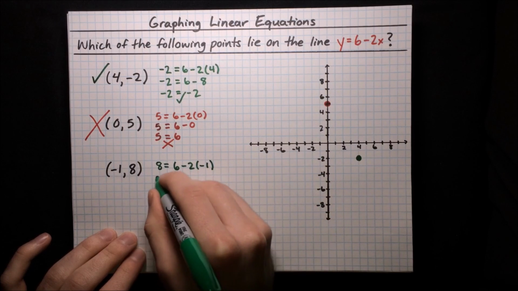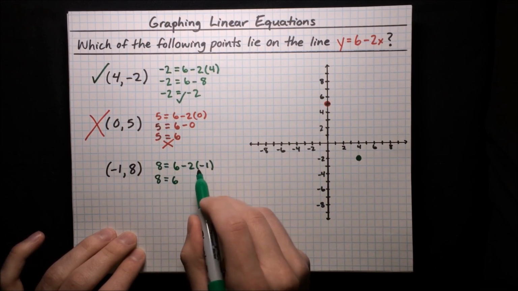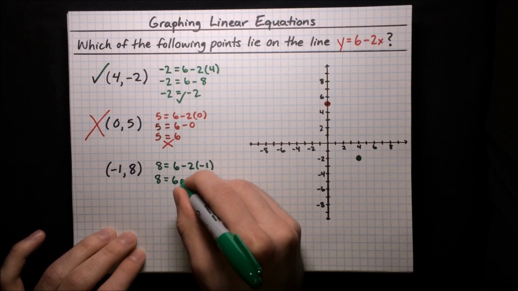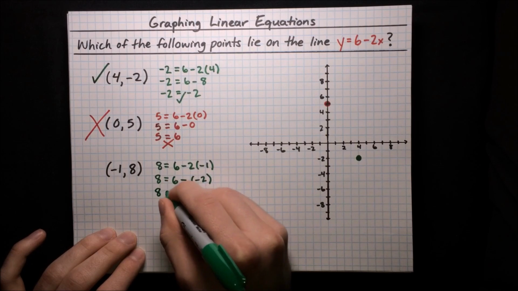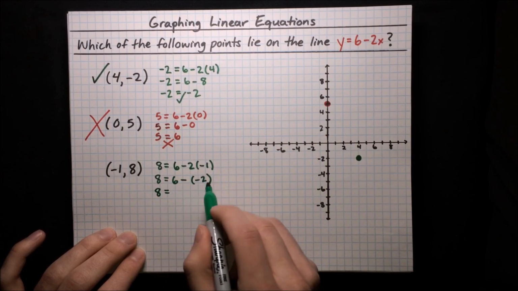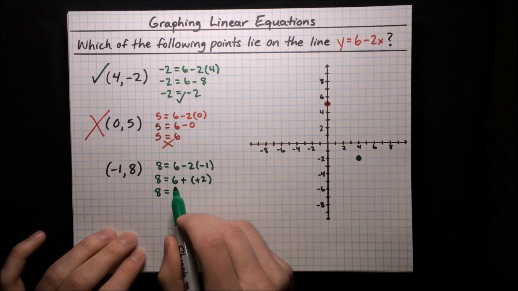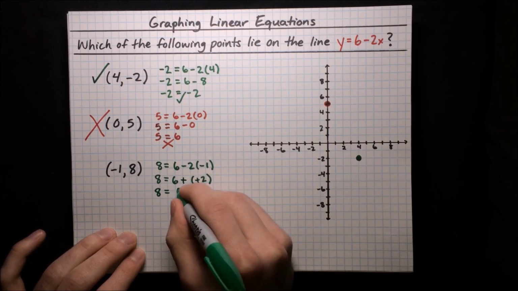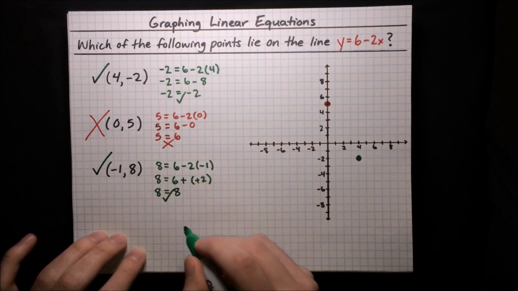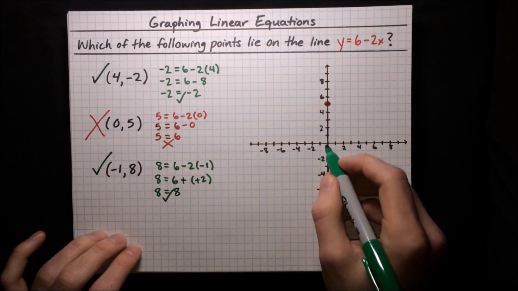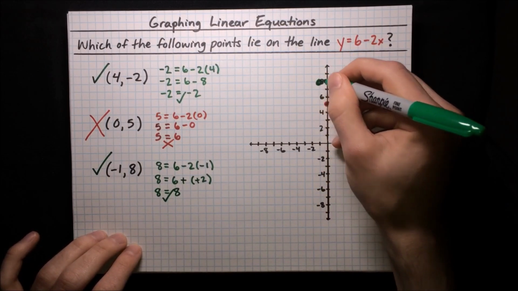So that turns into 8 equals 6, and then 2 times -1 is just -2, so this is like 6 minus -2, so that becomes 8 equals, well, 6 minus -2, it's double negative, so those cancel into positive. So 6 plus 2, 8 equals 8. Yeah, that's a true statement. So yes, this point is on our line. And let's go ahead and plot it. -1 and 8. That's right over here.